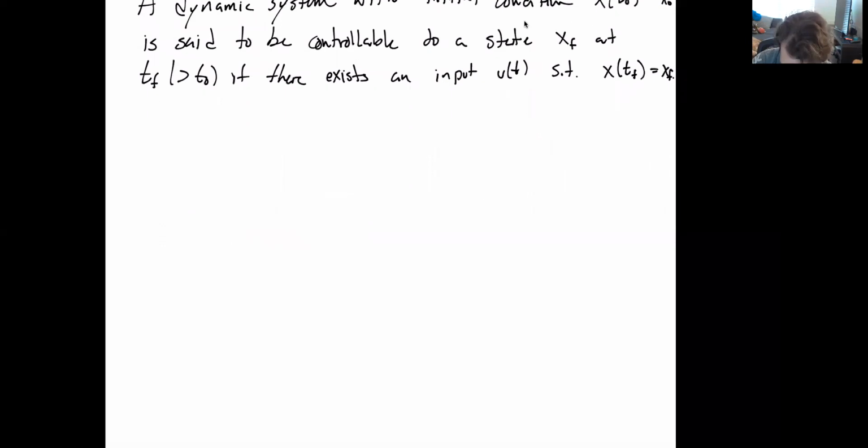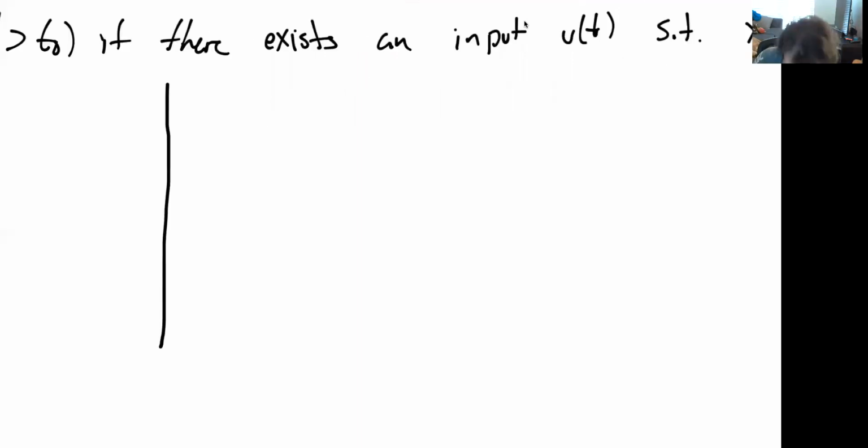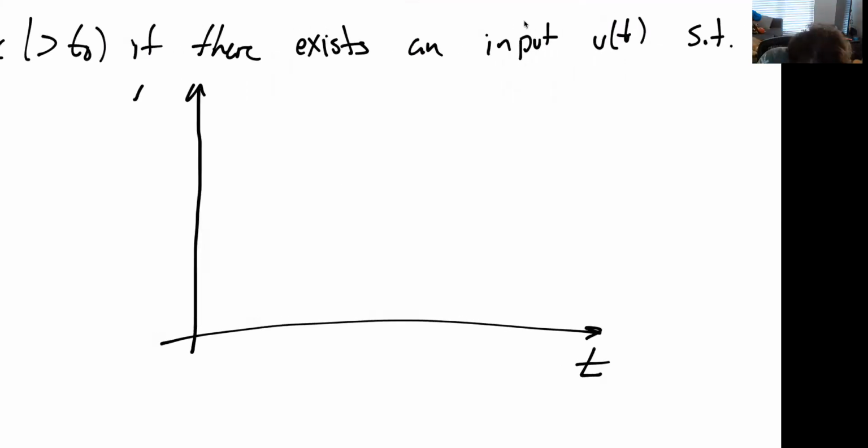I drew a pretty subpar picture last time, but let's look at another one. Maybe I can zoom in. Great. So we have t here on the x-axis, and then we have x of t on the y-axis.